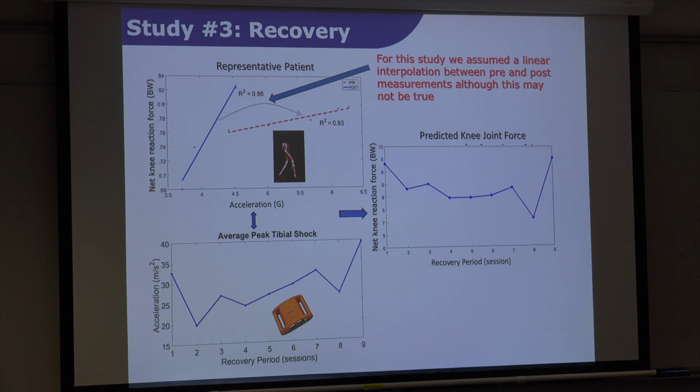Now we know that a linear interpolation is not actually what happens, but because we only had 2 time points, a linear interpolation was all that we could expect. Ideally we'd have multiple time points and we'd assume the relationship is more similar to the acceleration in their recovery.